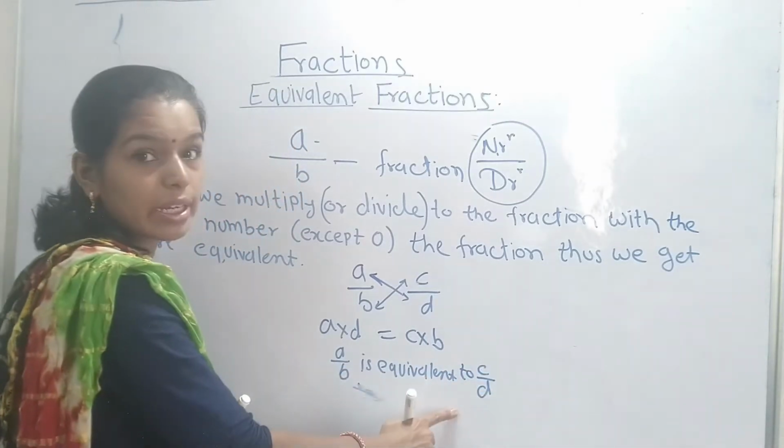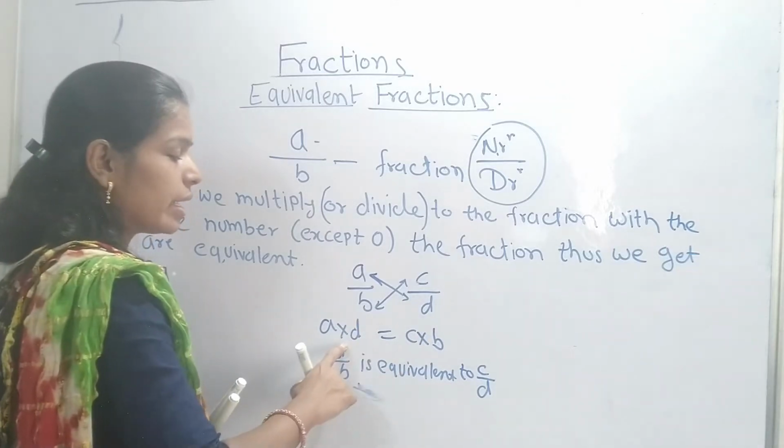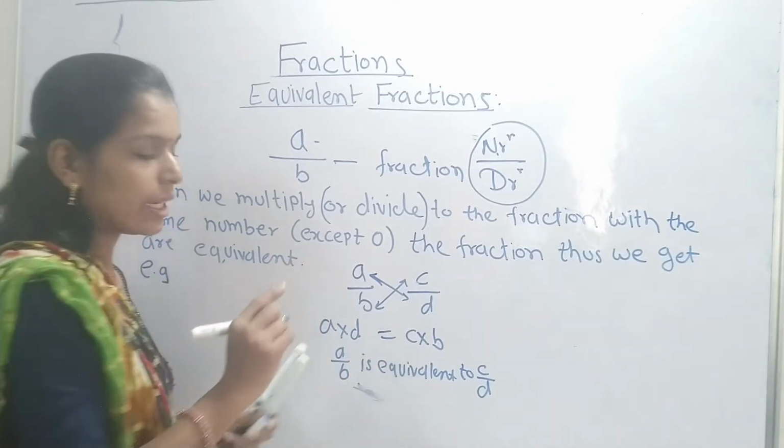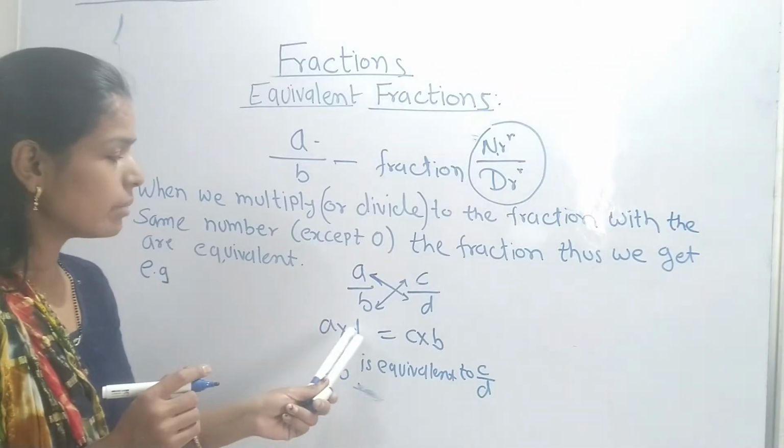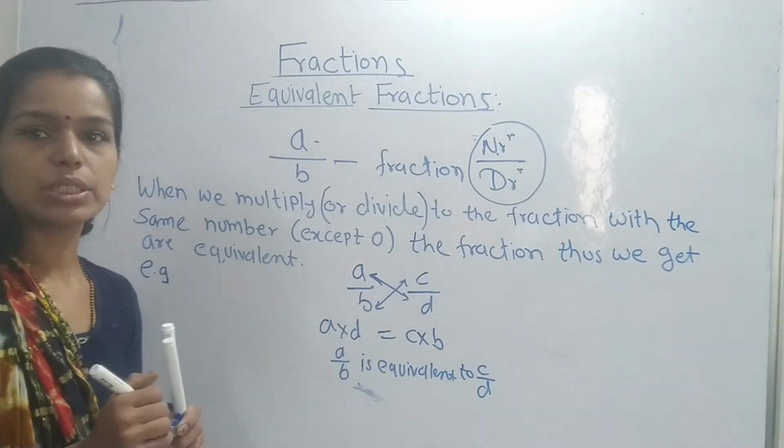A upon b is equivalent to c upon d if the multiplication of a and d is equal to the multiplication of c and b.